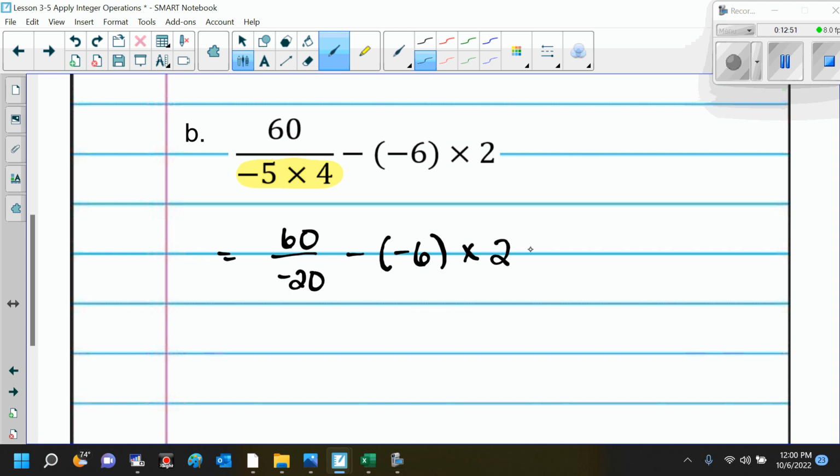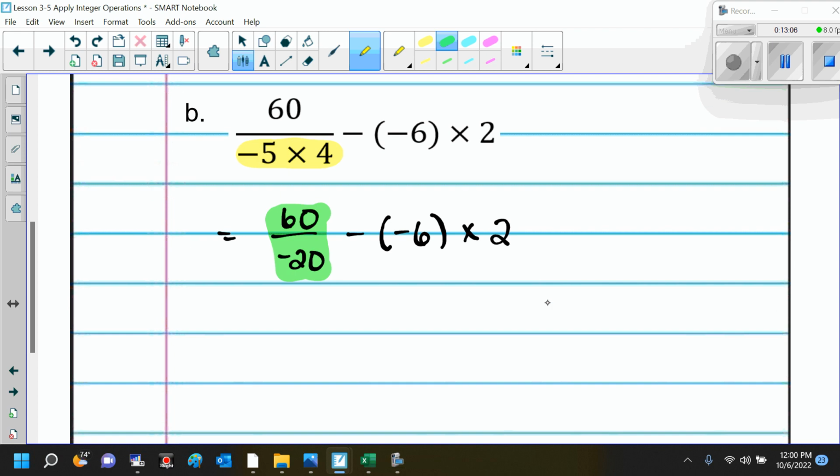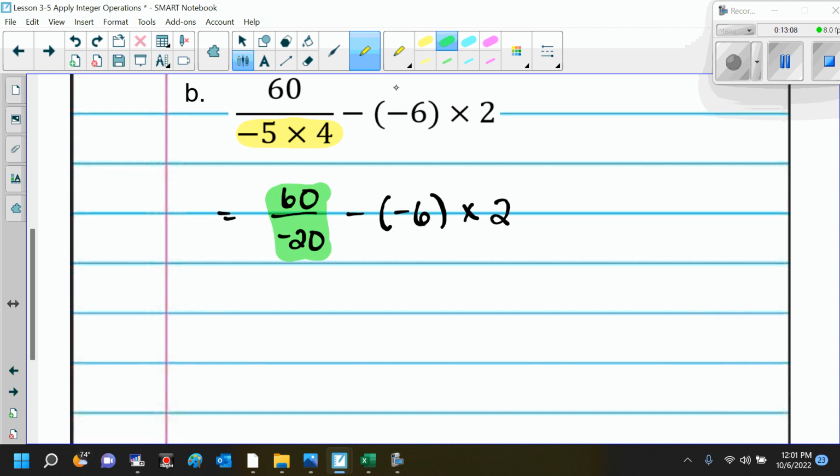Now, what am I going to do next? We need to do 60 divided by negative 20. Is everybody with me? All right. So 60 divided by negative 20 is negative 3 minus negative 6 times 2.